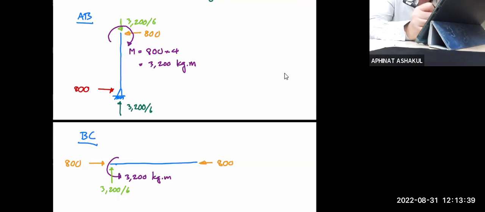Now it is the upward shear here, so it better be downward shear down there.